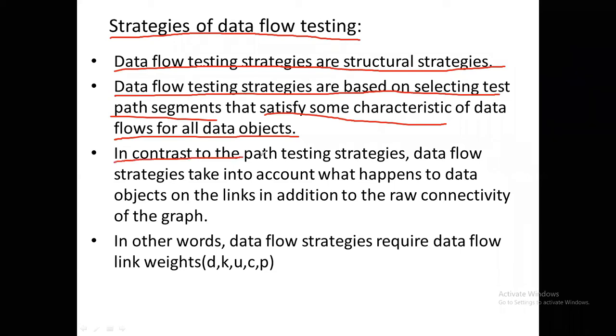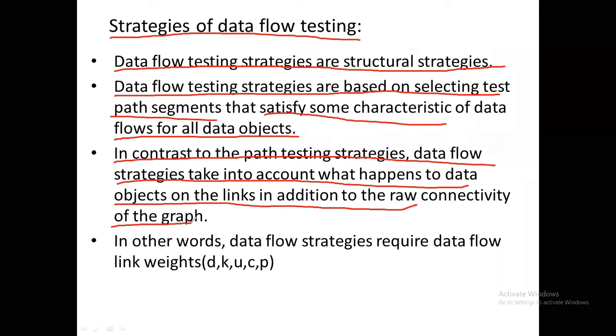In contrast to the path testing strategies, data flow strategies take into account what happens to the data object on the links in addition to the raw connectivity of the graph. So along with path testing, in each path, each link, you are going to define what happened to the data object.